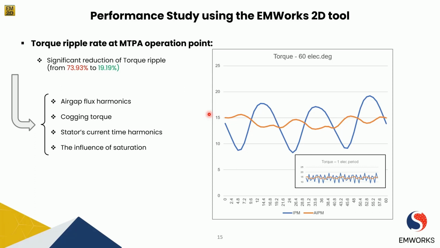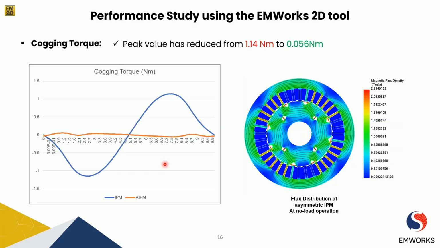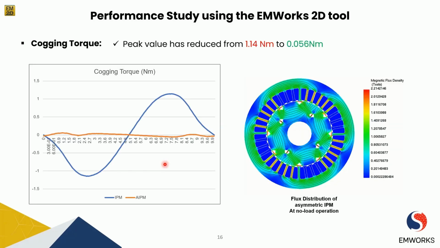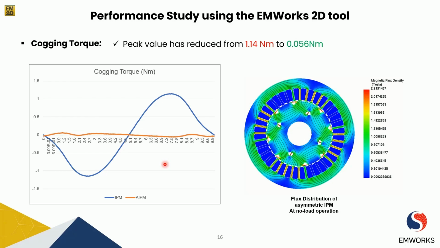But here the main focus has been on the air gap flux harmonics and the cogging torque, because when we change the position of the magnet, and when we apply the asymmetricity, we change the air gap flux distribution and also the cogging torque. And in this slide we have also analyzed the cogging torque of the machine.